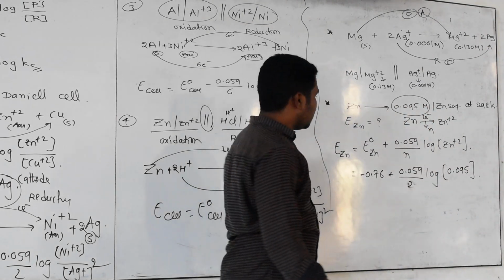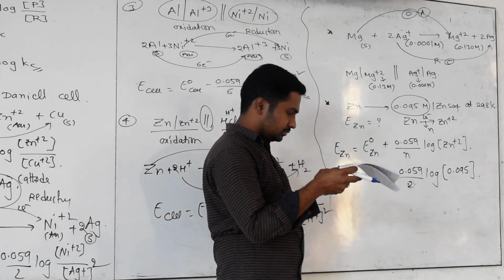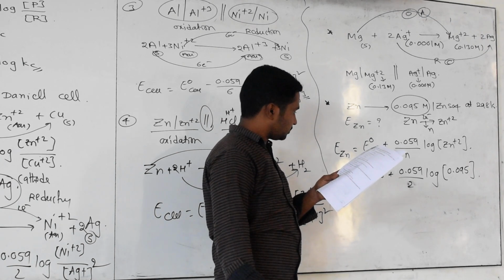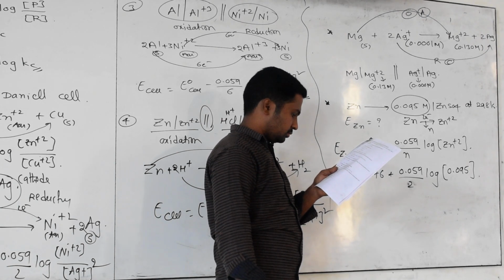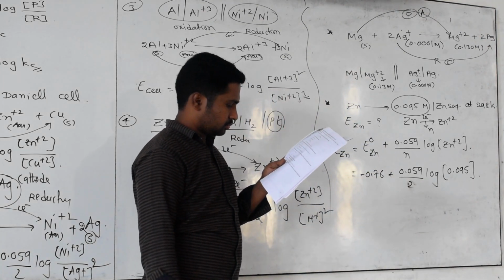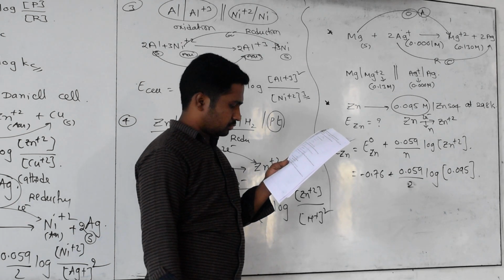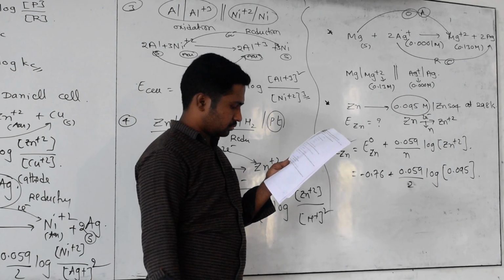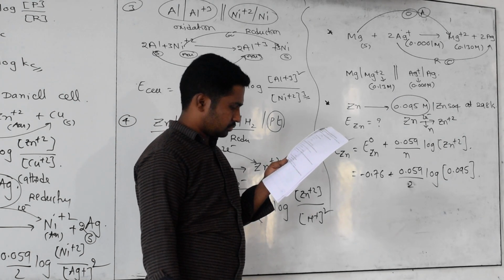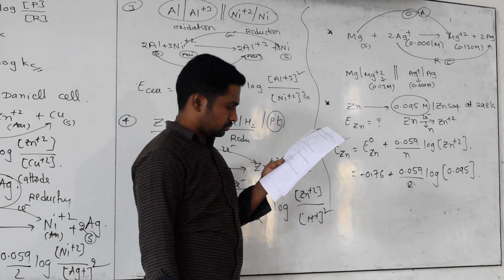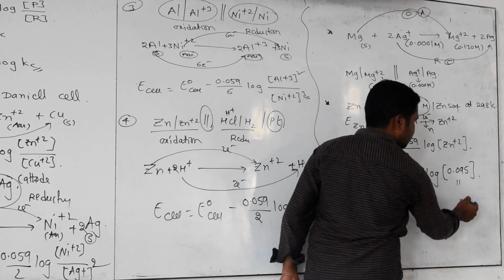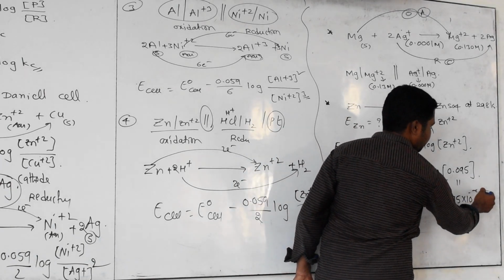For simplification, we can write it for our convenience as 95 into 10 to the power of minus 3.